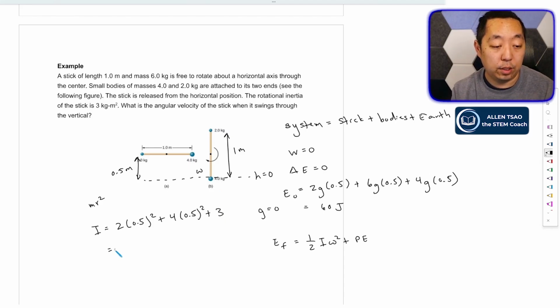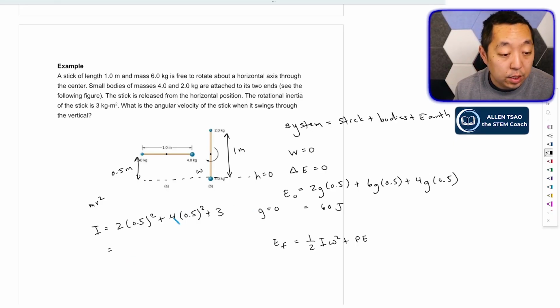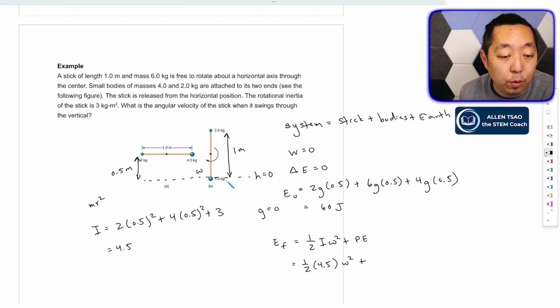And so let's just use a calculator for this. 0.5 squared times 2 plus 0.5 squared times 4 plus 3. And that's 4.5. So it's going to be 1/2 times 4.5 times omega squared. And what's the gravitational potential energy? Now, the 4 is still located at h equals 0, so it doesn't have any potential energy.